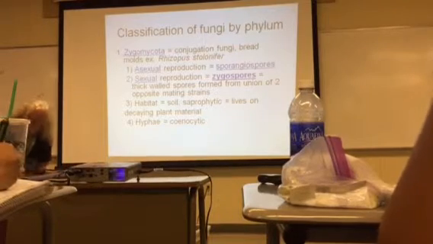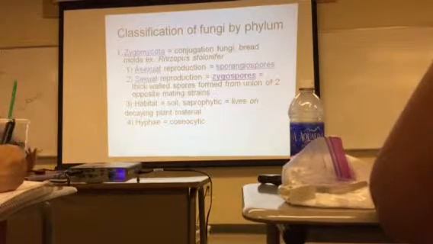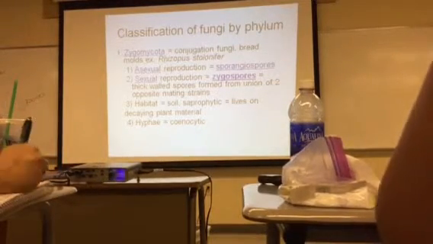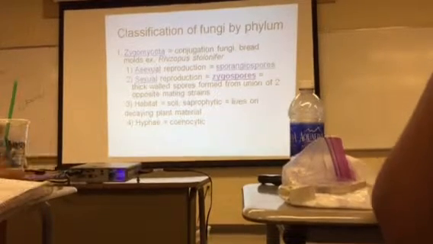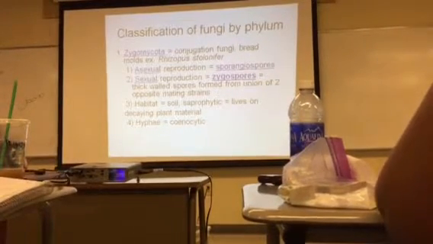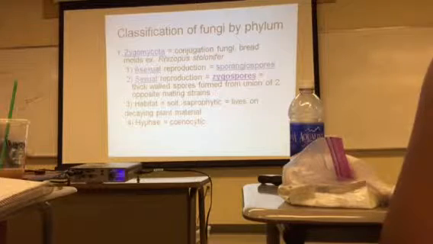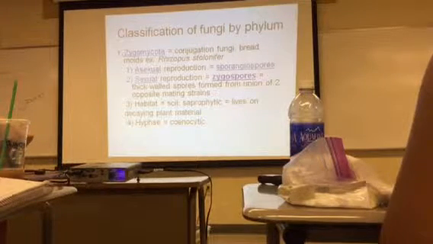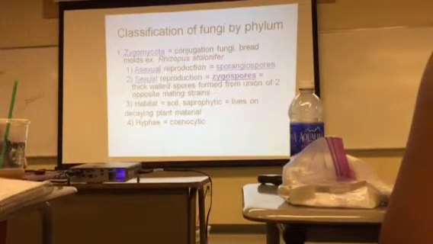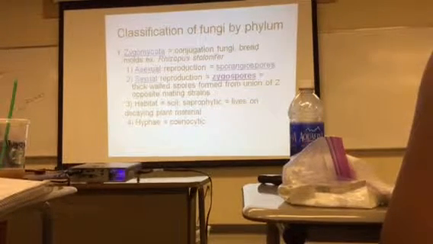Okay, so let's look at some of these fungi according to the phylum that they're in. So Rhizopus stolonifer is in the phylum Zygomycota. It is a conjugation fungi, and it's in the bread molds, and this one in particular is the black bread mold.